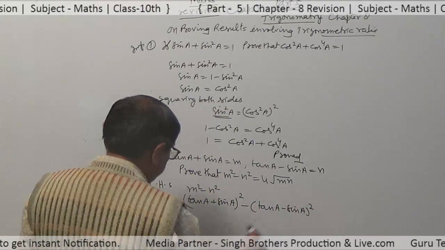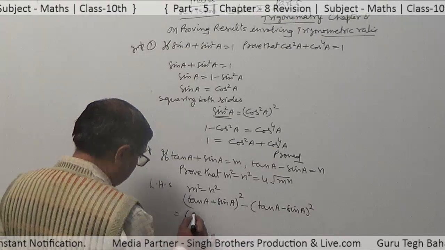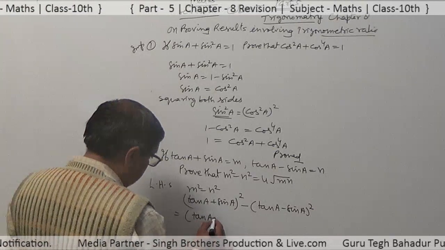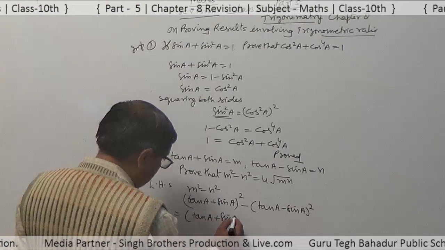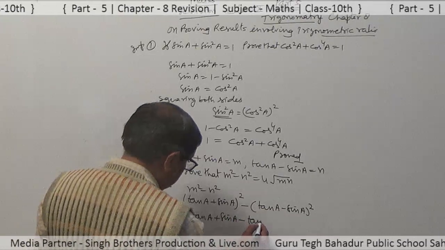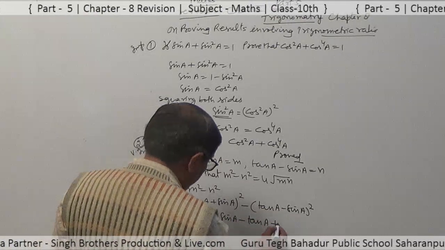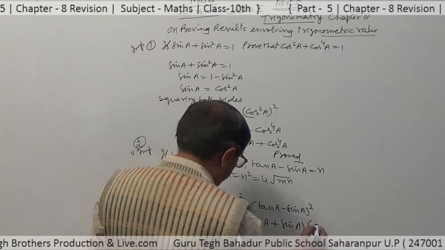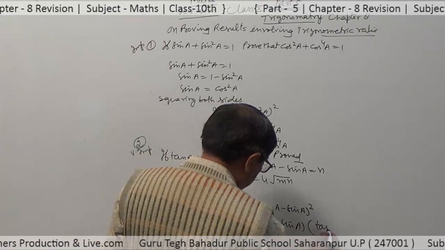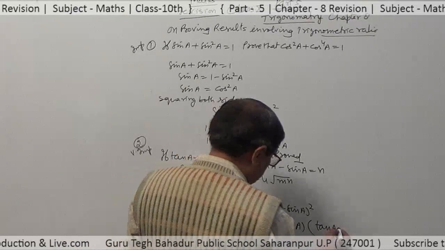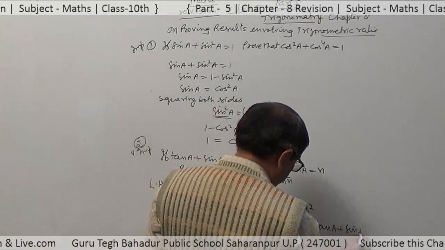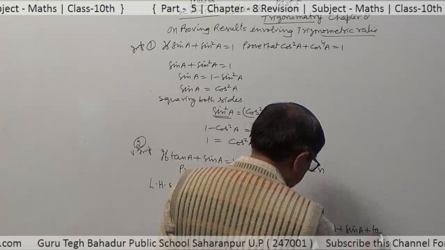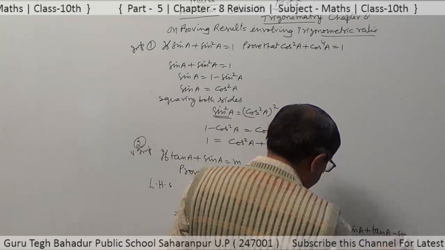a square minus b square is a minus b and a plus b.